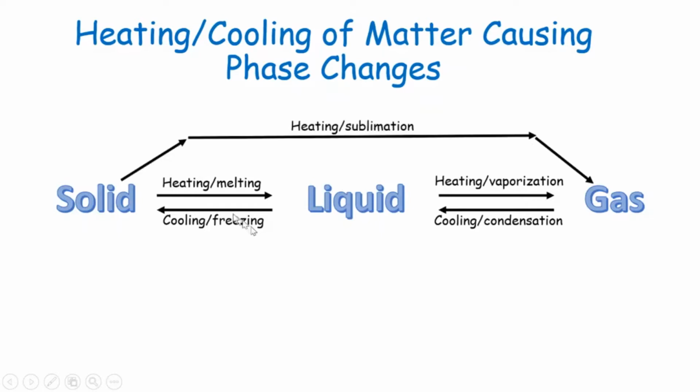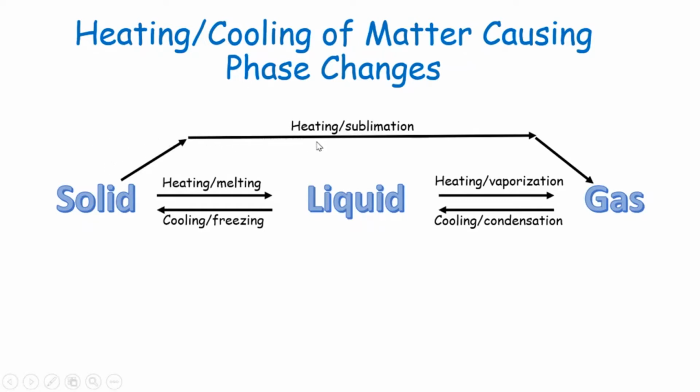Now there are two more. If we apply heat to a solid, in this case it will end up as gas. This process is sublimation. As one example, dry ice. Many of you have probably heard about it. That's solid carbon dioxide.